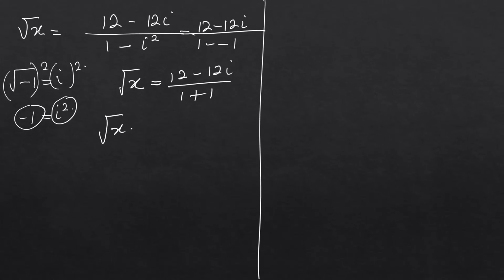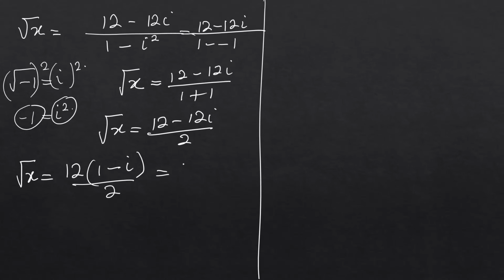Root x is going to be equal to 12 minus 12i all over 2. So this is going to be root x is going to be equal to 12 bracket 1 minus i all divided by 2, which is equal to 6 bracket 1 minus i. So I have root x is equal to 6 bracket 1 minus i.